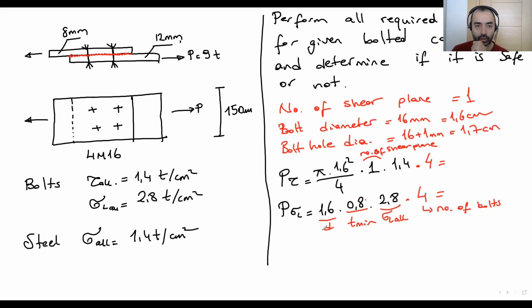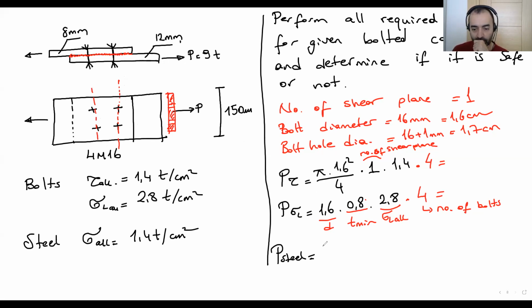Now we're going to do it for the steel. P steel. The critical section here is where the maximum number of bolts are placed on the section. This one or this one, whatever. It has a rectangular section. There are 2 bolt areas which are missing, and the shaded area will be calculated.